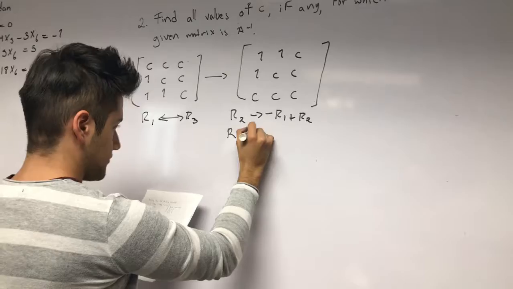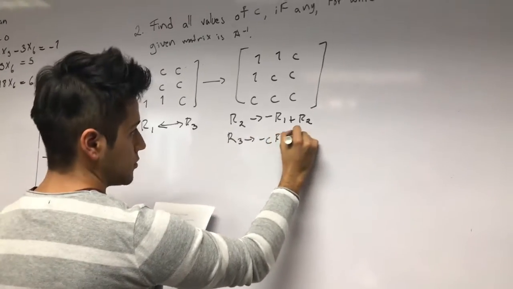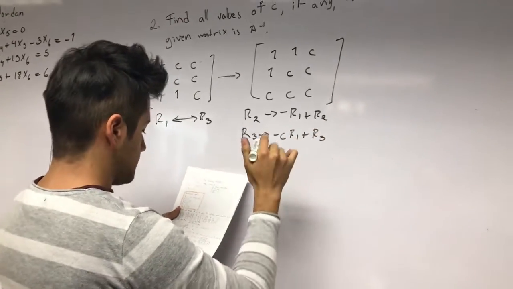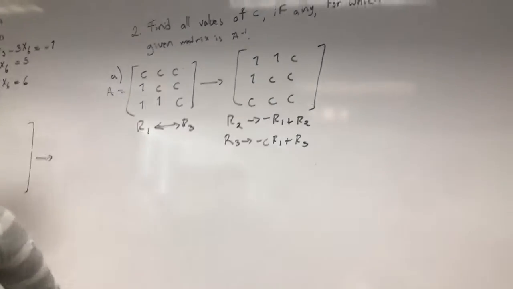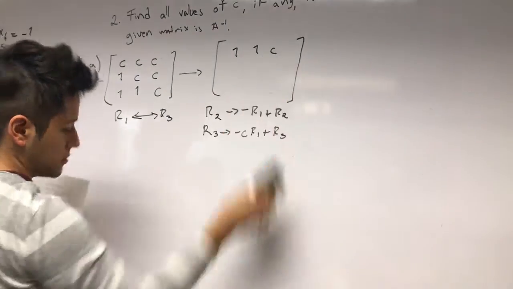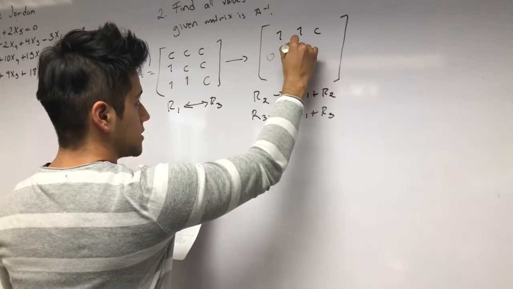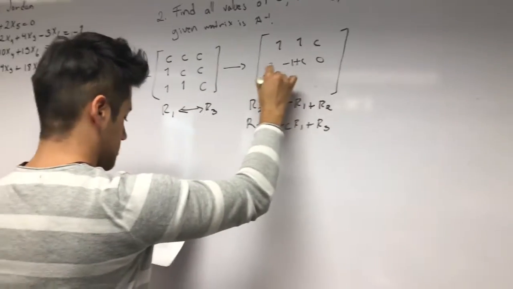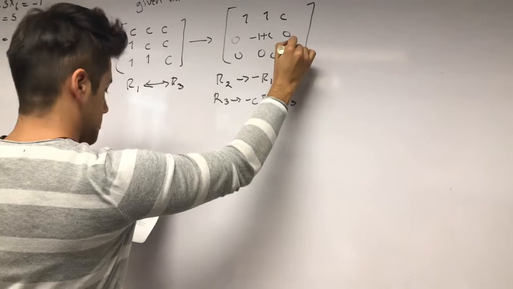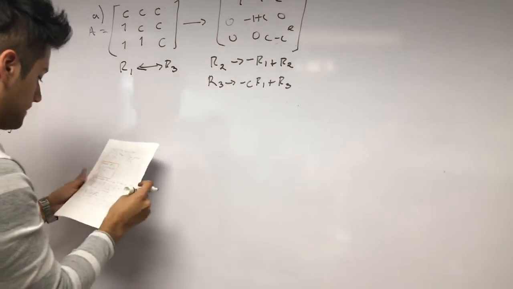In row 3, minus row 1 plus row 3. So it will be like this: 0, 0, 0, C minus C to the power of 2.